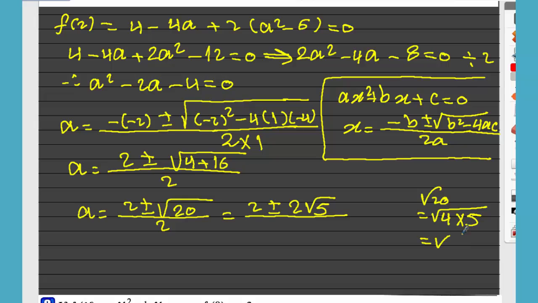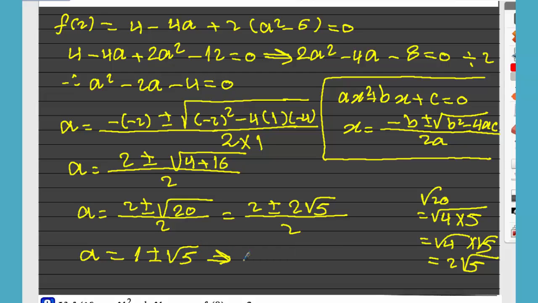Which equals root 4 multiplied by root 5, and root 4 equals 2. So we have root 20 equals 2 root 5, like this. And we simplify this part. So a equals 2 divided by 2 equals 1, positive or negative 2 root 5 divided by 2 equals root 5.